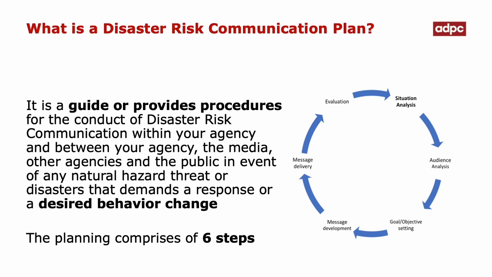Disaster risk communication planning comprises six steps as shown in the figure on your right, namely situation analysis, audience analysis, goals and objective setting, message development, message delivery, and evaluation. This course focuses on all six steps, and these steps will be discussed in detail in the subsequent sessions.